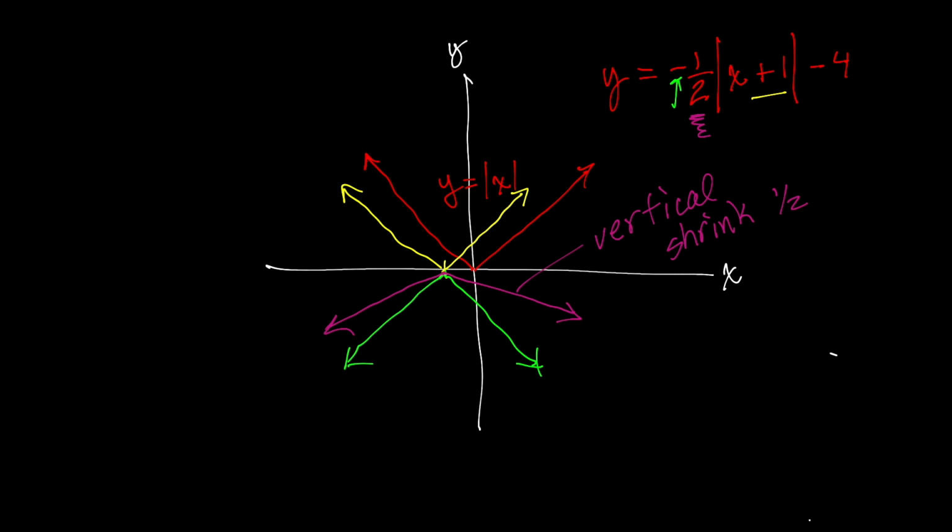Then the last thing that gets done to this guy is, let's see, he gets moved 4 units down. Let's see, I like this color better. How about 4 units down? So 1, 2, 3, 4. So that would put it about like this.